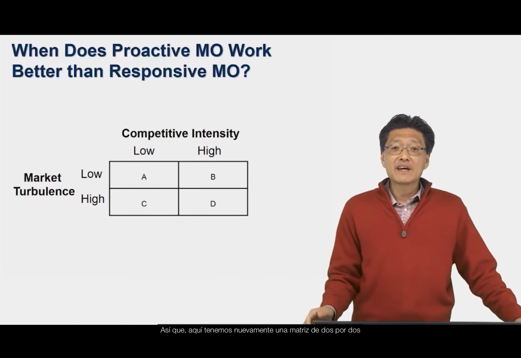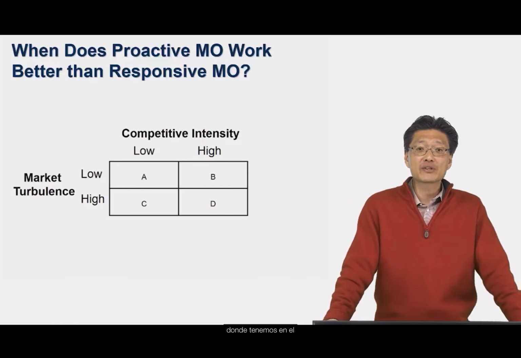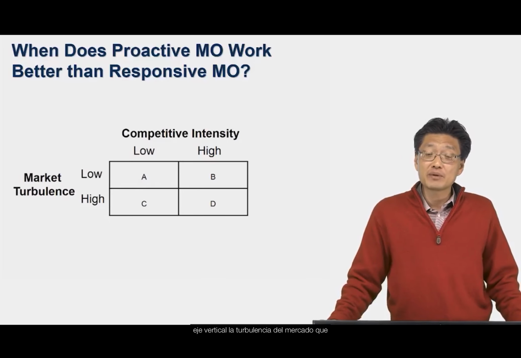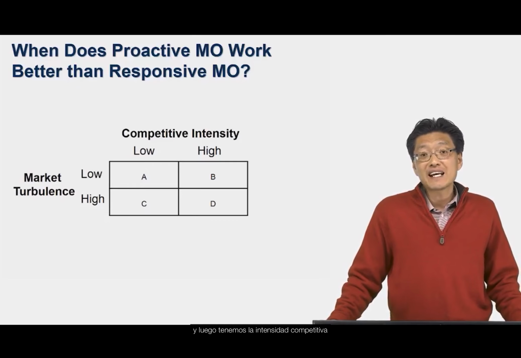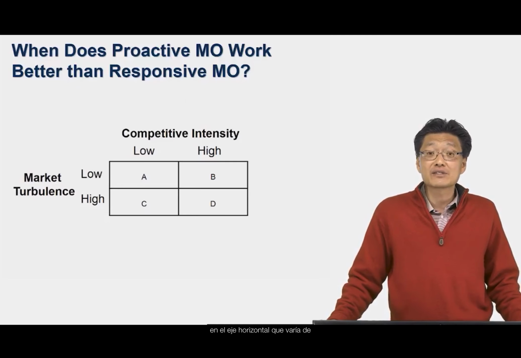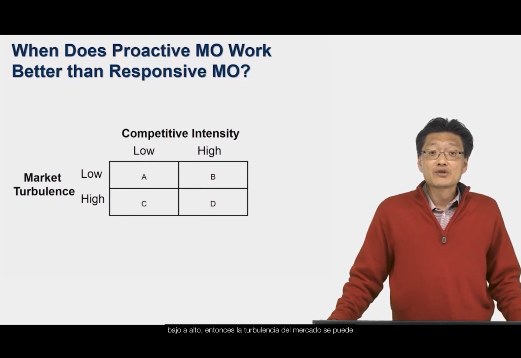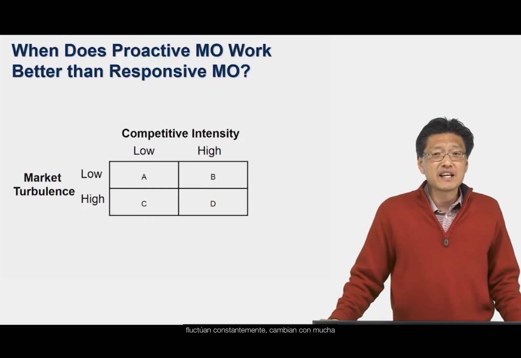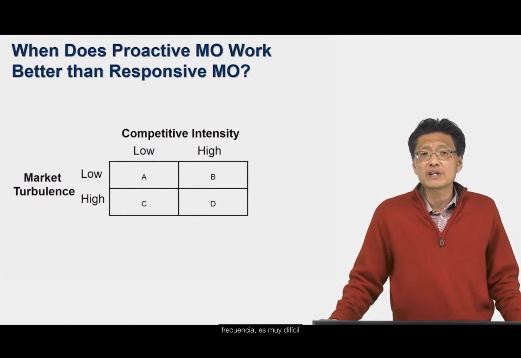So here we have again a 2x2 matrix. On the vertical axis, we have market turbulence that ranges from low to high, and then we have competitive intensity on the horizontal axis that ranges from low to high. Market turbulence can be understood as when customer preferences fluctuate constantly and change very frequently.